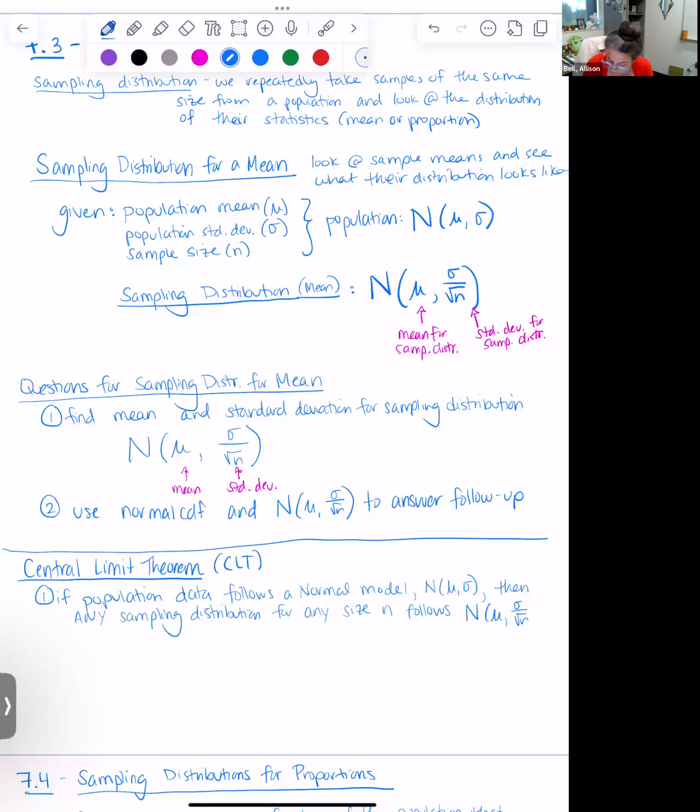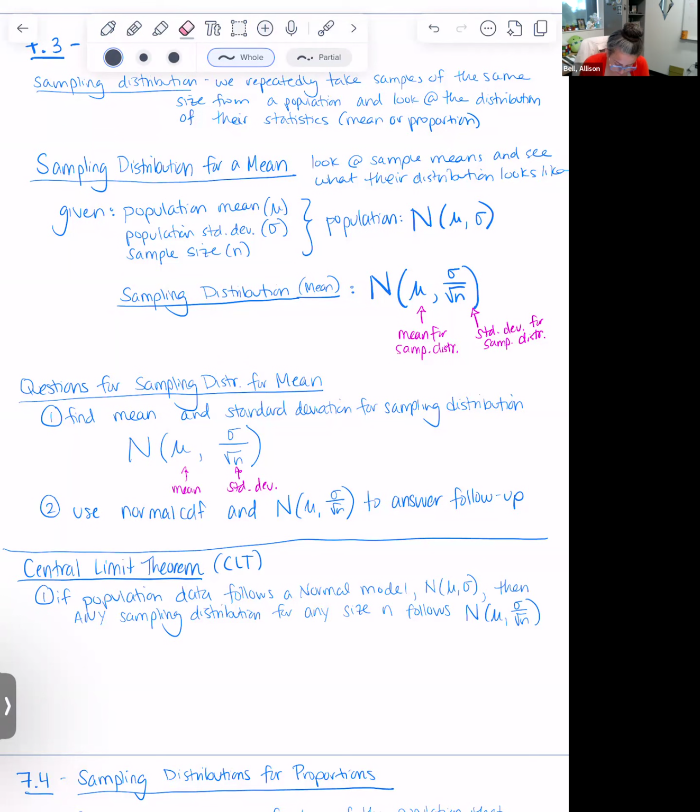Same mean with the new smaller standard deviation. The second part of the central limit theorem is talking about data that is not unimodal and symmetric. So this whole first part says that if the data does follow a normal model or is unimodal and symmetric, then that means that we can use the sampling distribution no matter the sample size.